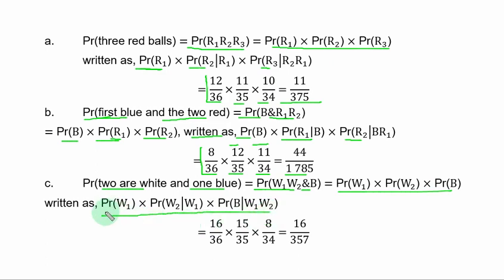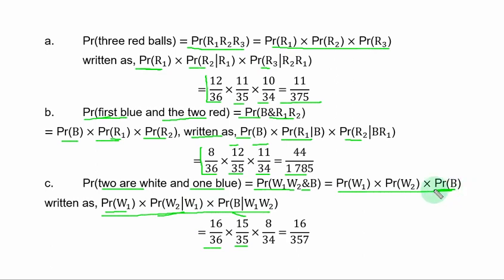So the first drawing is white. At that point, the number of white balls are 16 and the total is 36. The next drawing is also a white ball. So the white balls are now 15 because without replacement, and the total now 35, times the third drawing is a blue ball.